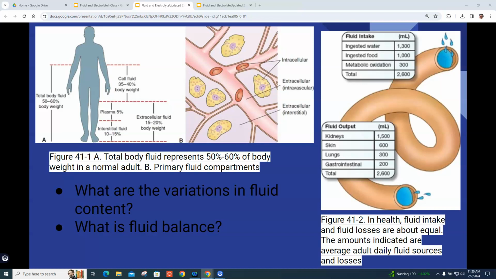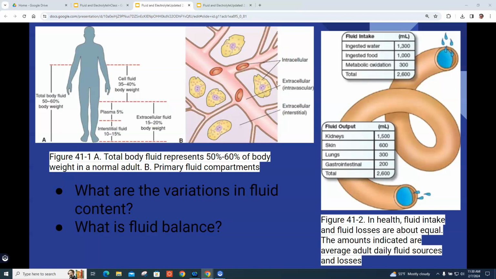The other thing is fluid balance also includes the output. So if you look at the picture, figure 41-2, it shows you roughly fluid intake and then roughly fluid output, and what is outputting should be relatively equal.